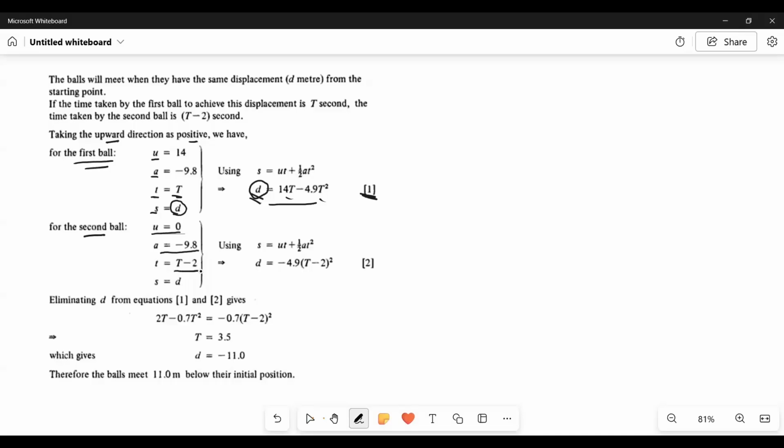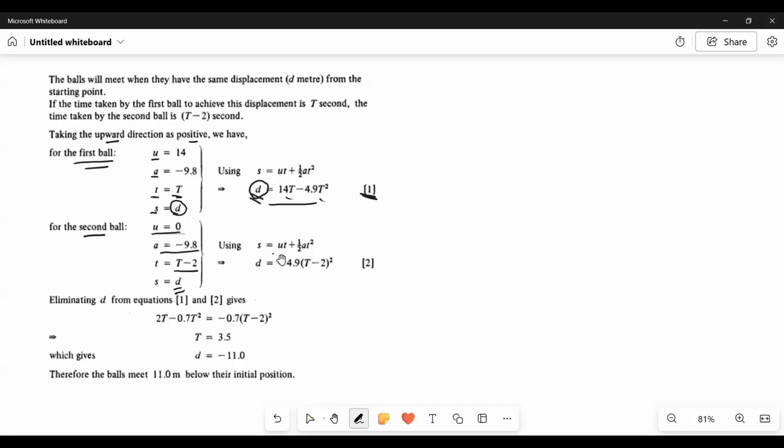T, we said it was dropped 2 seconds later. We're going to use the time the first ball was released as the reference, so the time is going to be T minus 2. And again, we don't know D. Where the two of them meet is D. We've got to find D.